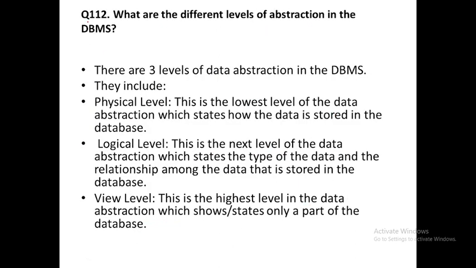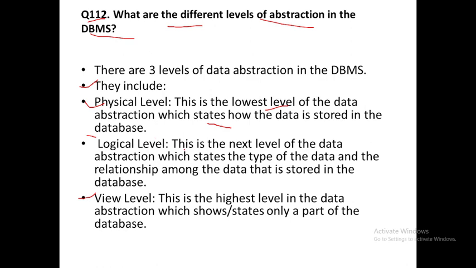Then another question is, what are the different levels of abstraction in DBMS? There are three different levels of abstraction in DBMS: physical level, logical level and view level. The physical level is the lowest level of database abstraction, which states how the data is stored in the database tables.